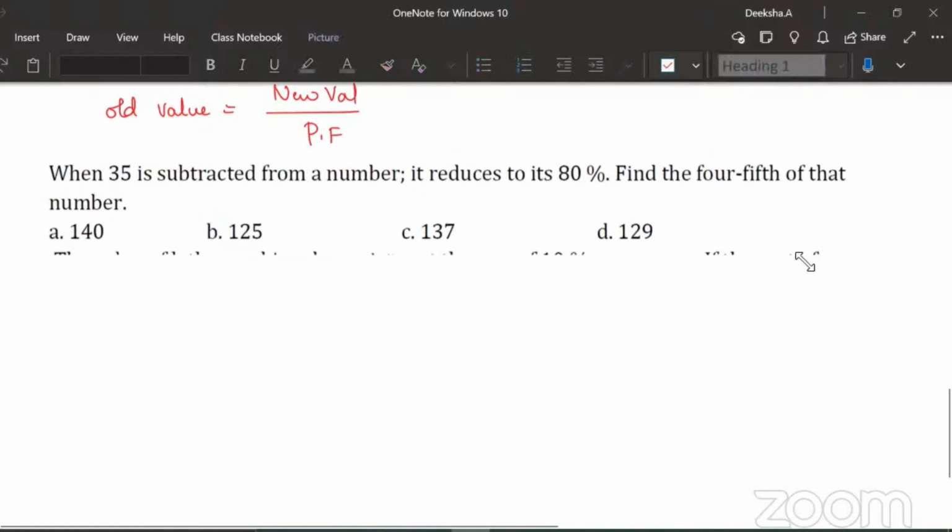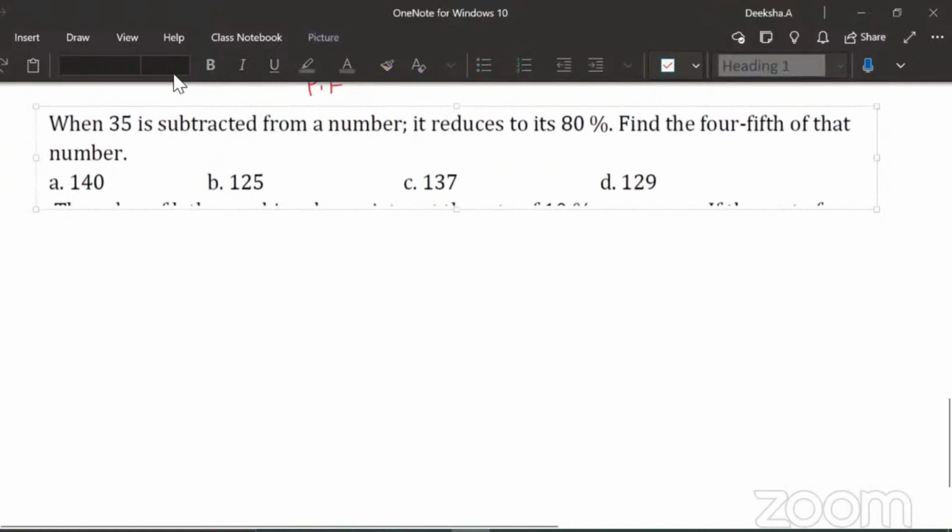For tomorrow's class, I'll readily copy it and keep it.